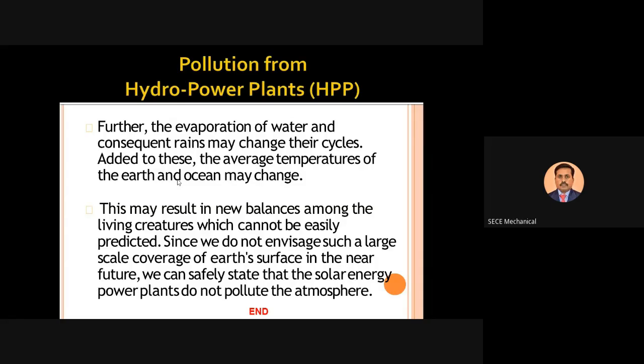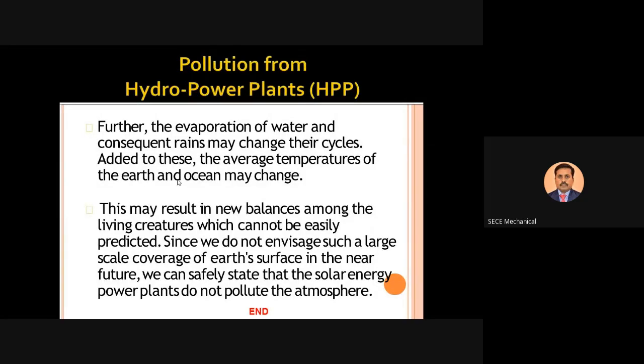So we are introducing many solar power plants now, and that may affect the earth and ocean temperature. The average temperature of the earth and ocean may change. This may result in a new balance among the living creatures which cannot be easily predicted, since we do not envisage such large scale coverage of the earth's surface in the near future.